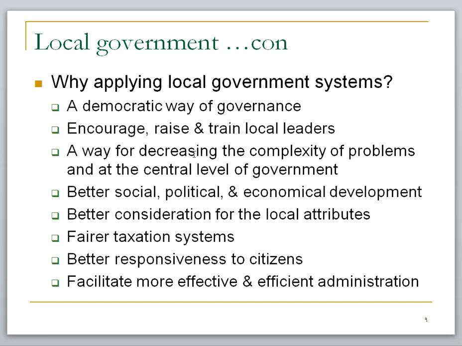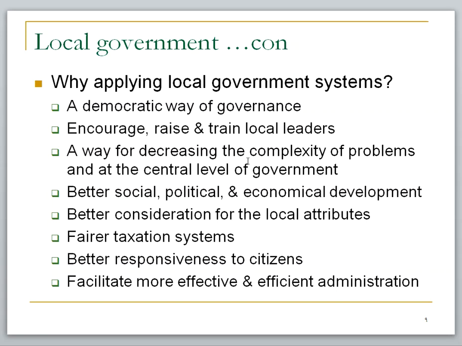This is also an important way for enhancing, raising, this is a nice word, raising local leaders in different places and geographical areas in the country.